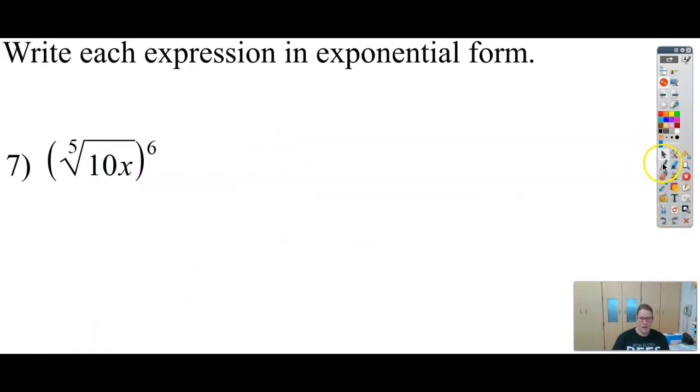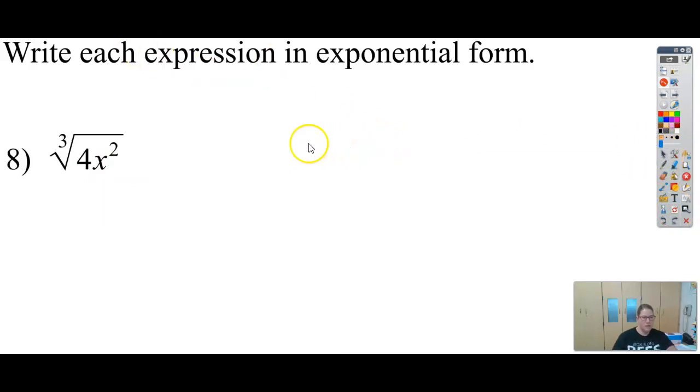All right, so let's go ahead and try another one. So now I'm going to have 4x squared underneath. So notice here that this squared is only on x. There's no parentheses around the 4 and the x. So that means this squared here is only on x.